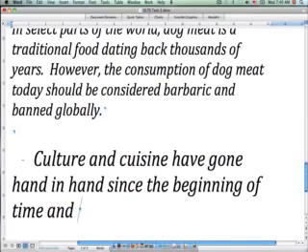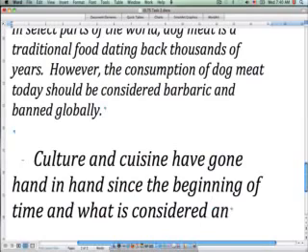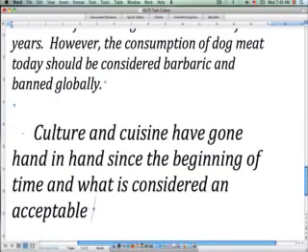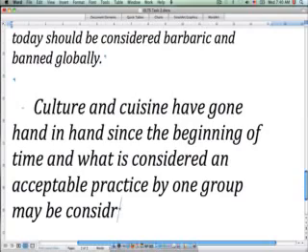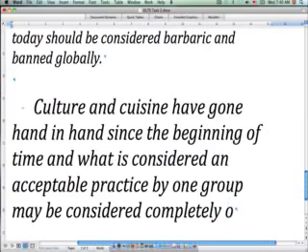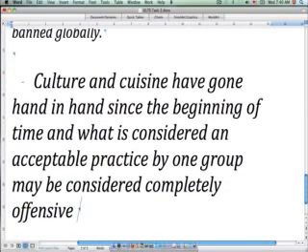And what is considered an acceptable practice by one group may be considered completely offensive by another.